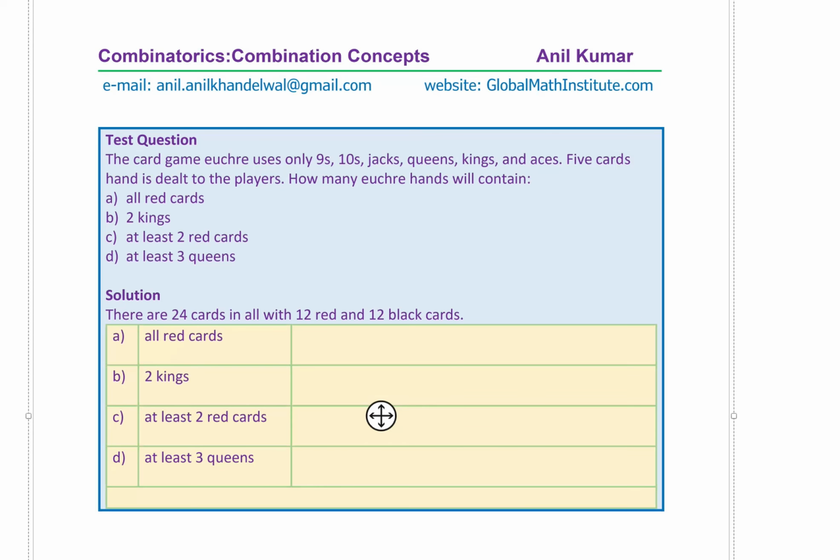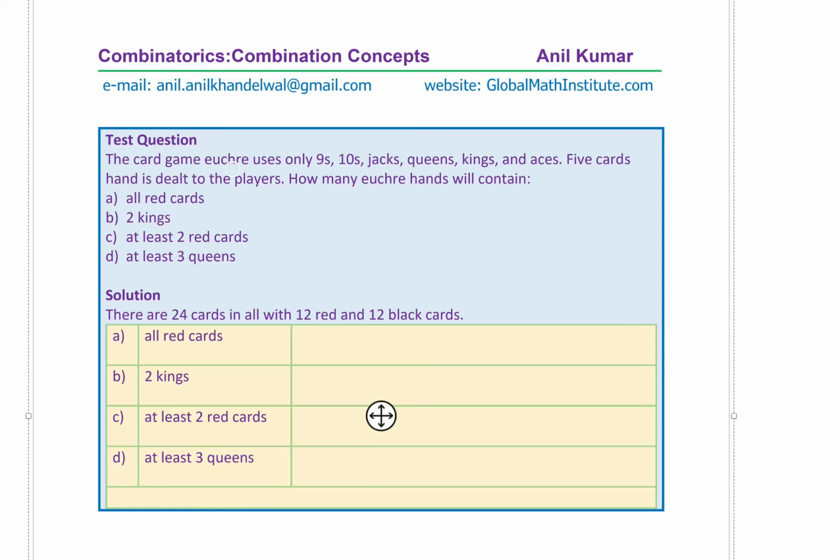And most of the time, a question on cards is always there in examination. That's the reason why I have now taken 4 different cases for a very interesting game of cards, right? So the question here, we'll call this a test question which you need to answer.